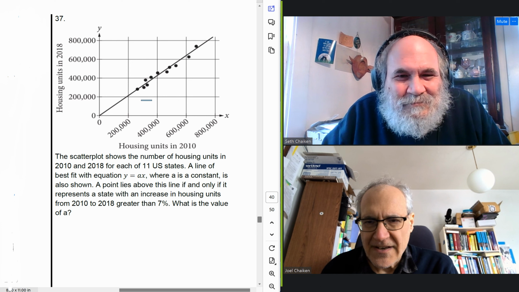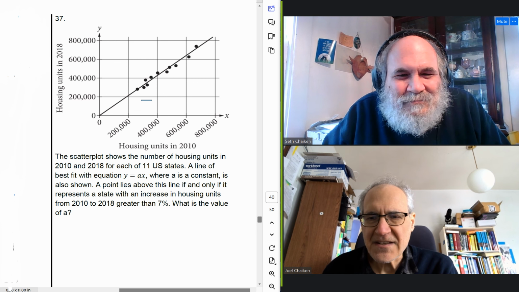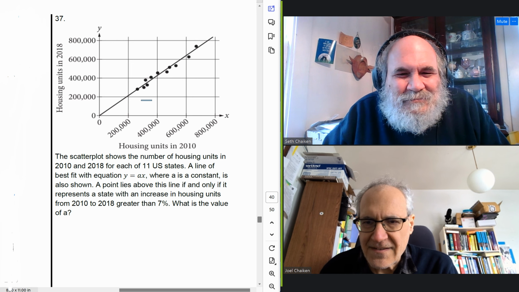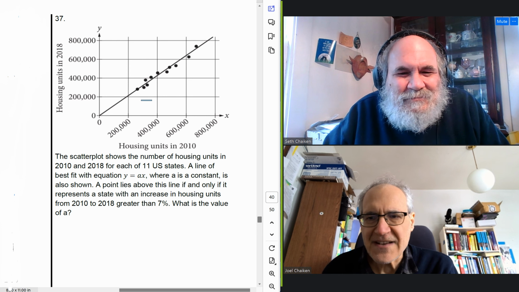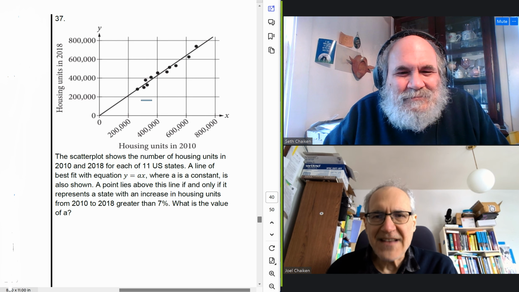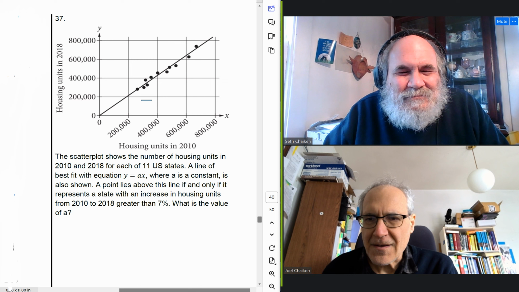A point lies above this line if and only if it represents a state with an increase in housing units from 2010 to 2018 greater than 7%. What is the value of a?